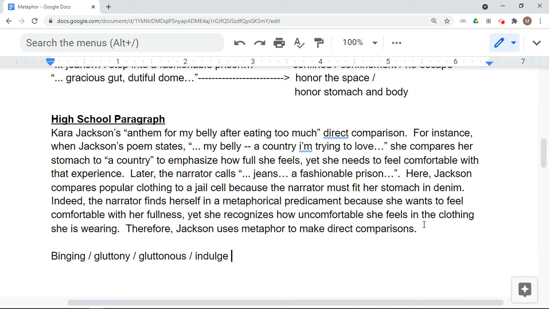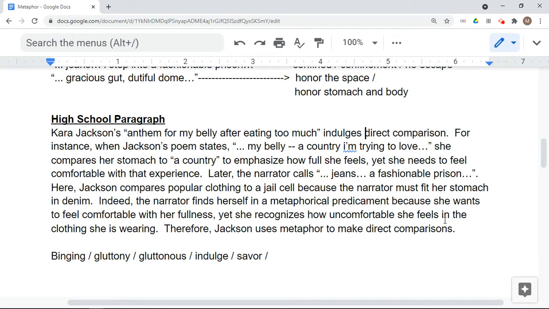So indulge, you savor things. I had another word in my brain and it's gone, but when I was thinking of indulge, maybe I kind of want to use that to really spice up this paragraph. So Kara Jackson's anthem for my belly after eating too much indulges. Ooh, I love it. Indulges.